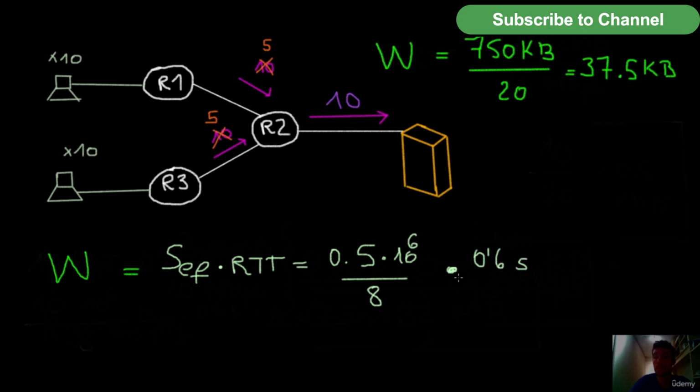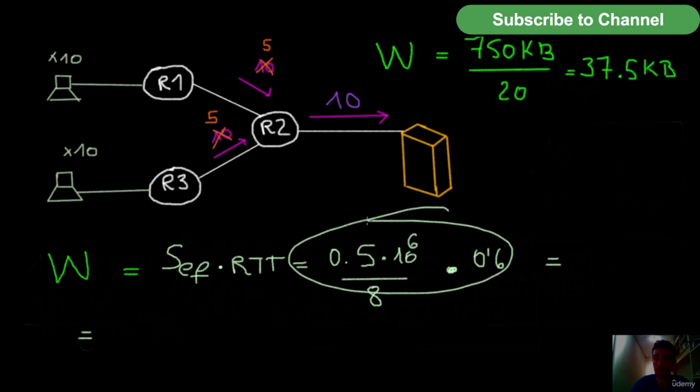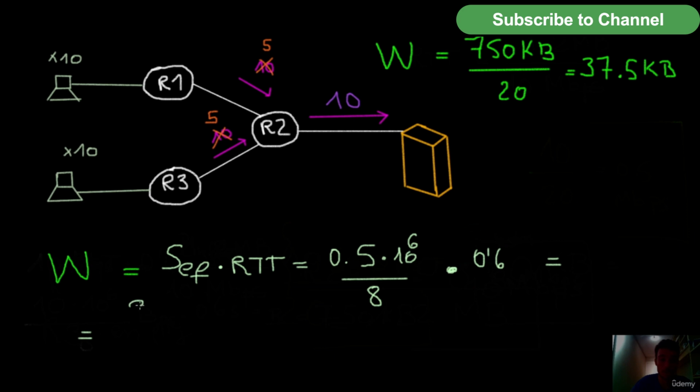Now as we make this multiplication, what does this give us? If we multiply the numerator, this gives us 300,000. As we divide this by 8, this gives us the value in bytes, because here we have seconds and here we have bytes per second, so the units simplify and we have the result in bytes.